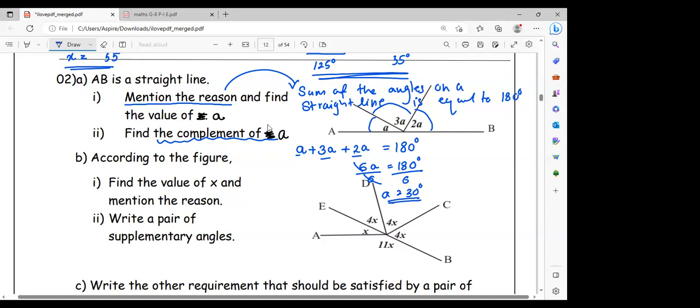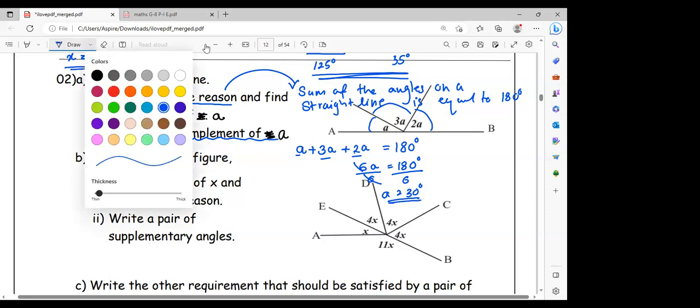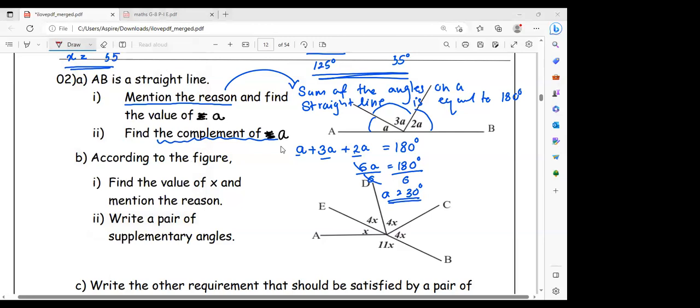Then how do we find the complement? I told you earlier. Take your notes and check how we found the complement of an angle. Turn your pages and check. In the note, I have done some examples finding the complement of a given angle. Now the given angle is A.